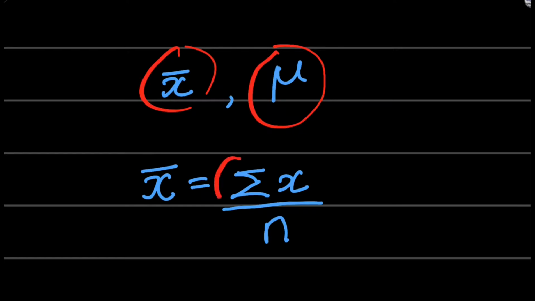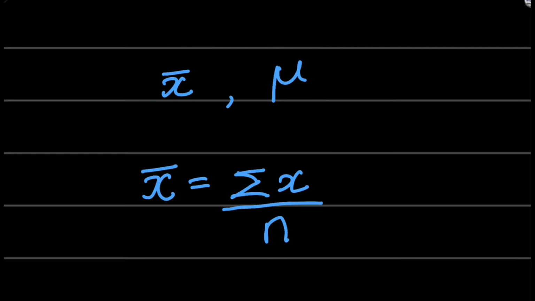Summation here simply means you are to sum up all your x values. Your x values are your data points or your data values. Anytime you see the symbol summation, it simply means sum, or add up all your values under consideration.